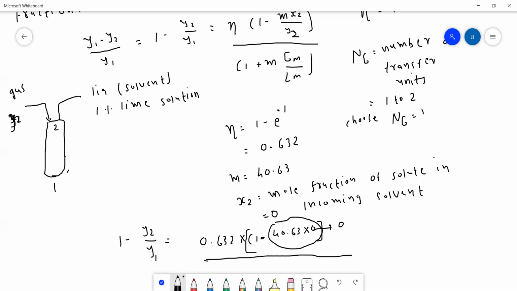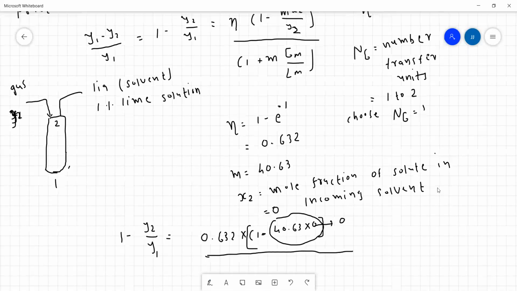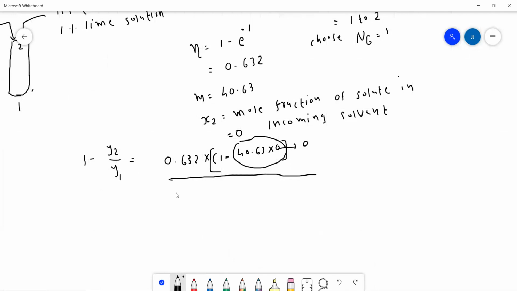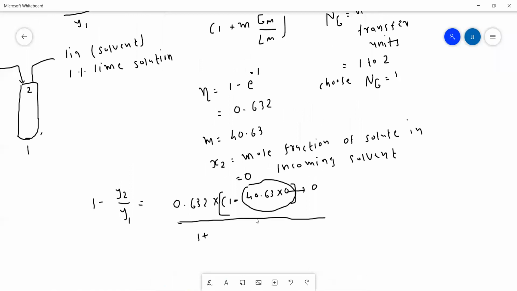1 plus m. M is 40.63 into Gm by Lm. Multiply by Gm, we already calculated, 0.2978, divided by Lm, 0.693.